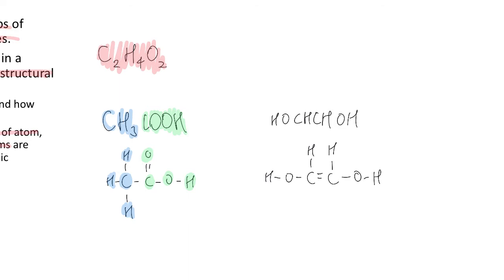The next one shows a H, then an O, then a CH, then the other CH, and an OH. You'll notice that one's written backwards, the OH, to match the structure that it actually forms.